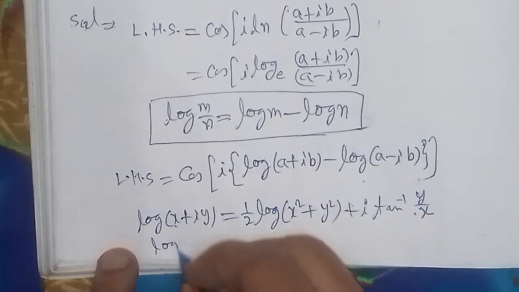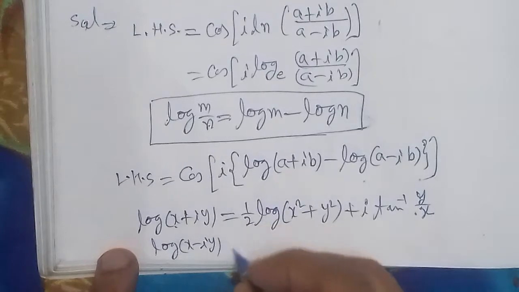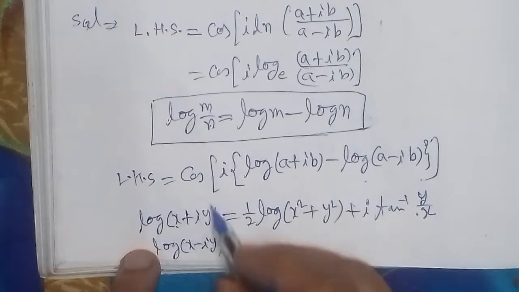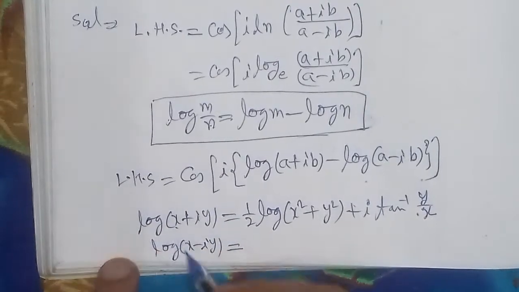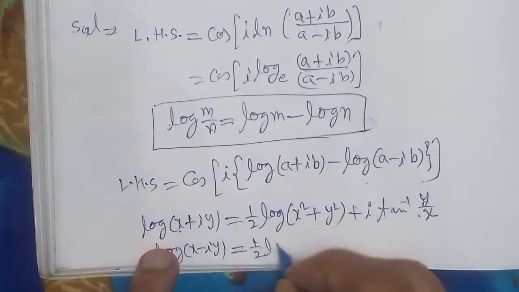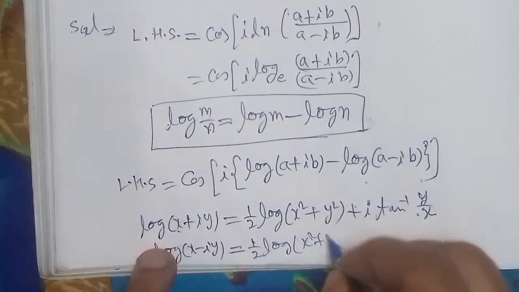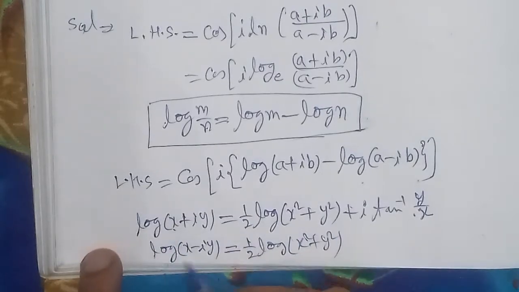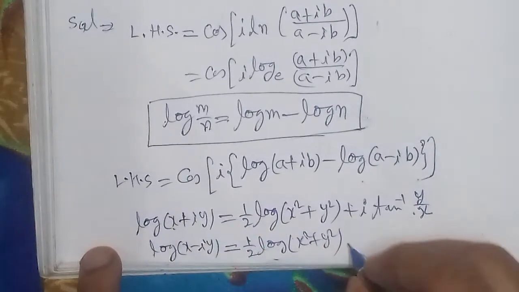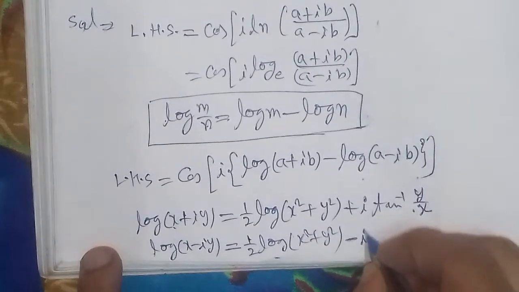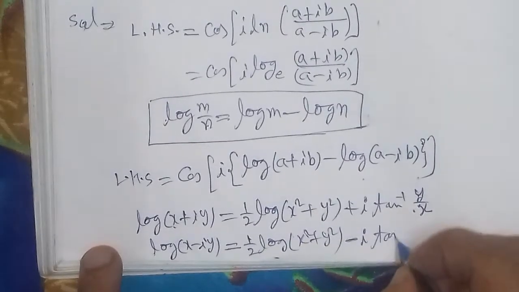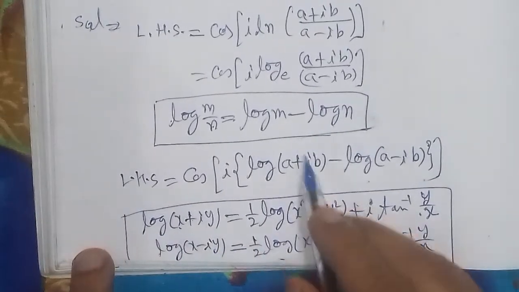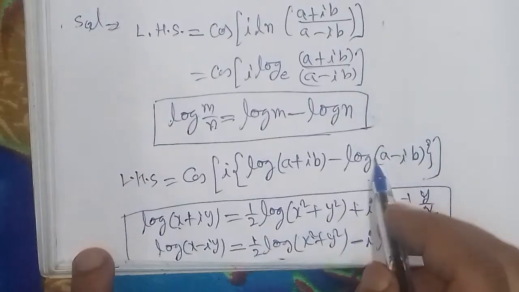Similar formula for log(x − iy), by replacing i by −i, or by conjugate property, we get 1/2 log of (x² + y²). Here we see that the real parts of both formulas are equal, but the imaginary parts differ by minus sign, tan inverse y upon x. So we apply these two formulas here and here.